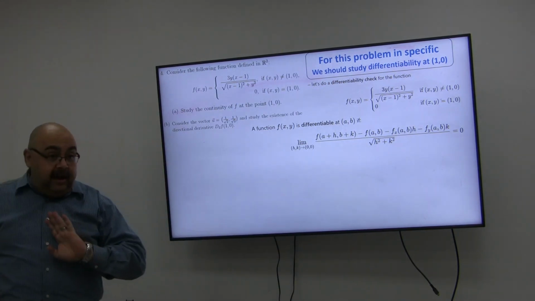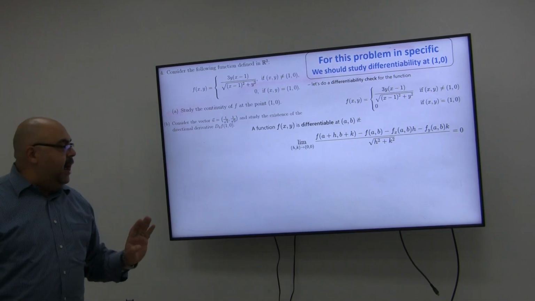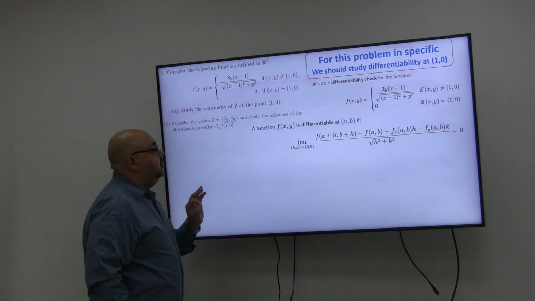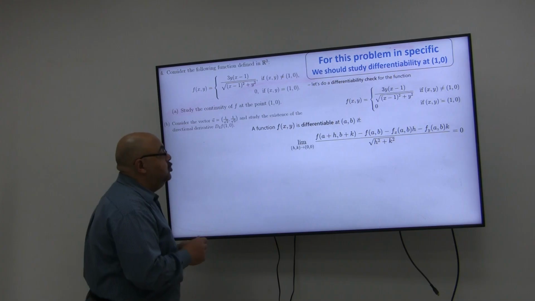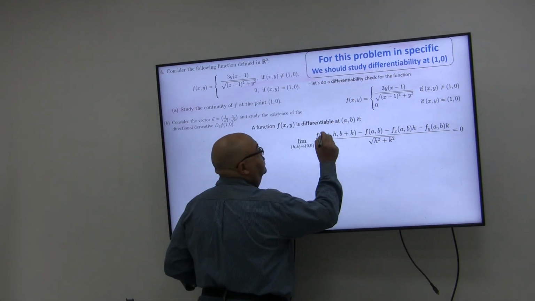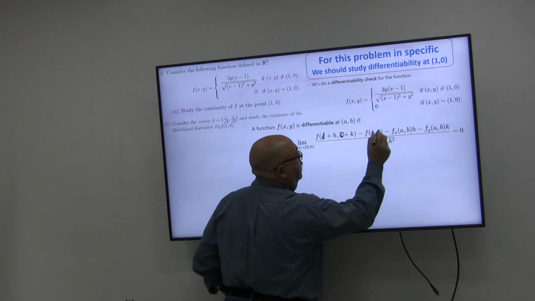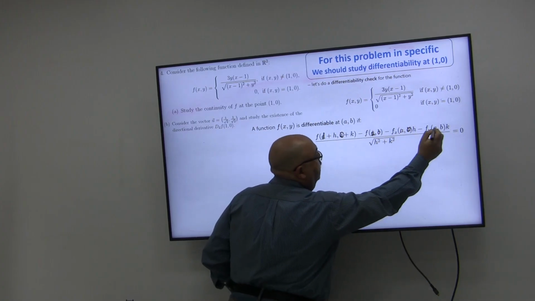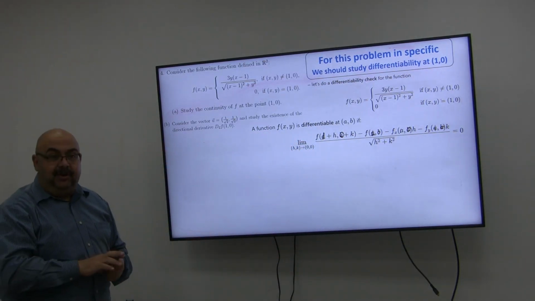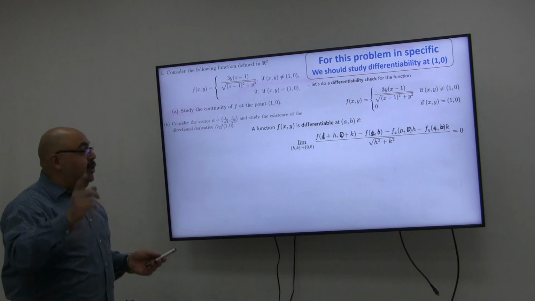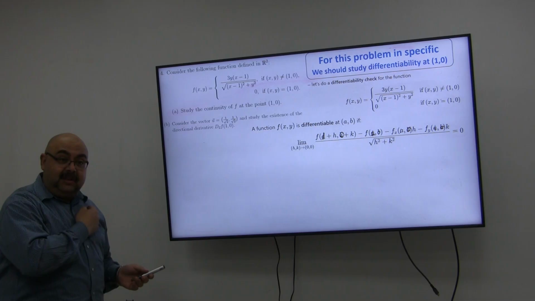So once more, all I have to do is make the substitution in this formula. I start substituting around the point that I'm testing. The point I'm testing is (1, 0), so a is equal to 1 and b is equal to 0. I start substituting in the main function and in the partial derivatives that I have. The partial derivatives, if you remember, are zeros from the previous slides.